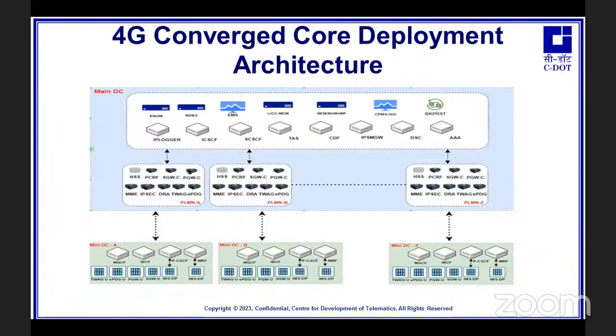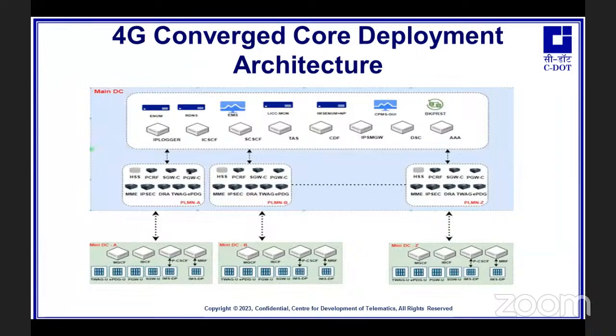For your better understanding, you can segregate it in such a way: all my control plane nodes are put in the main DC, and only the user plane nodes, whether SGW data plane, PGW data plane, or, in the case of IMS, the IMS data plane, are put in the mini DC.